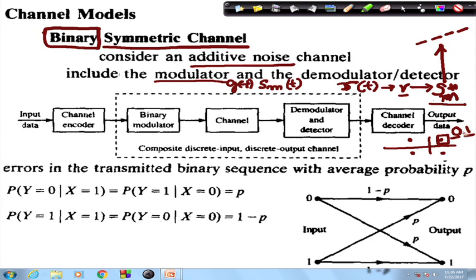So, let us say if this is detected at the receiver, the output could be 1 0. So, what we have is input into the system is binary bits, binary digits, and output is again binary.